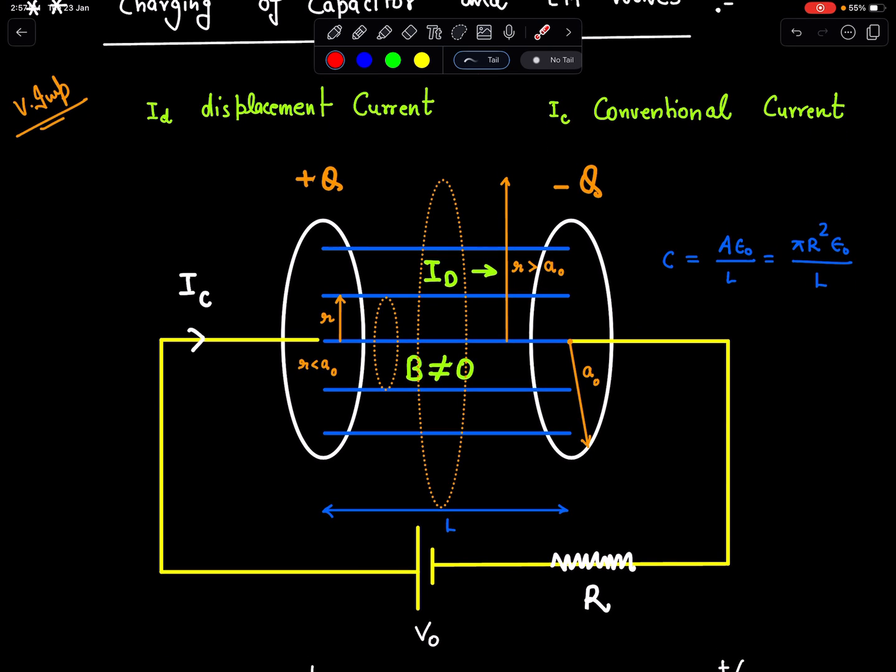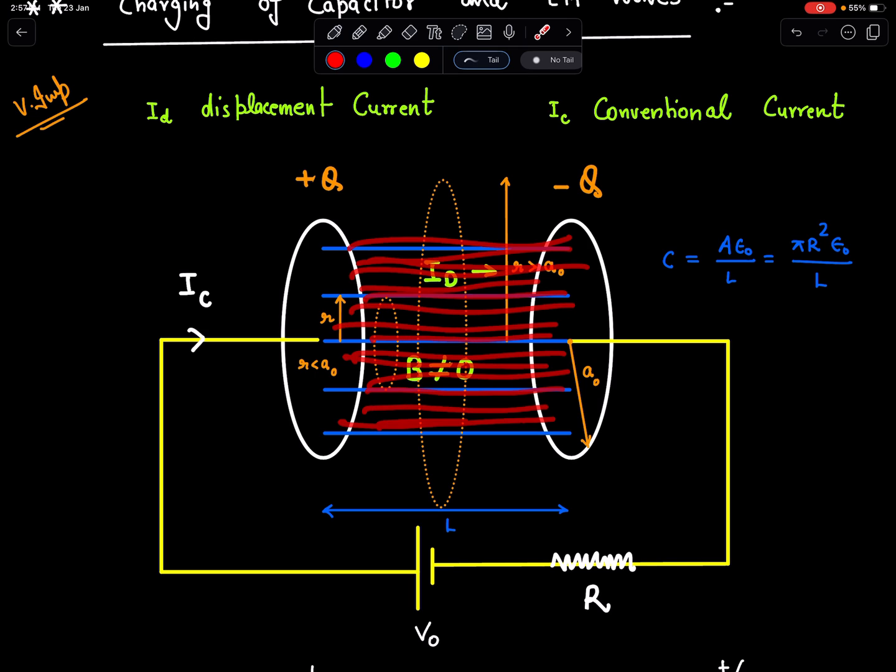As charging happens, we will see the conventional current in this, due to which charge on the capacitor gets deposited, and inside there is a non-zero magnetic field, and these are the lines along which this displacement current will be flowing through the medium, in this case a vacuum.